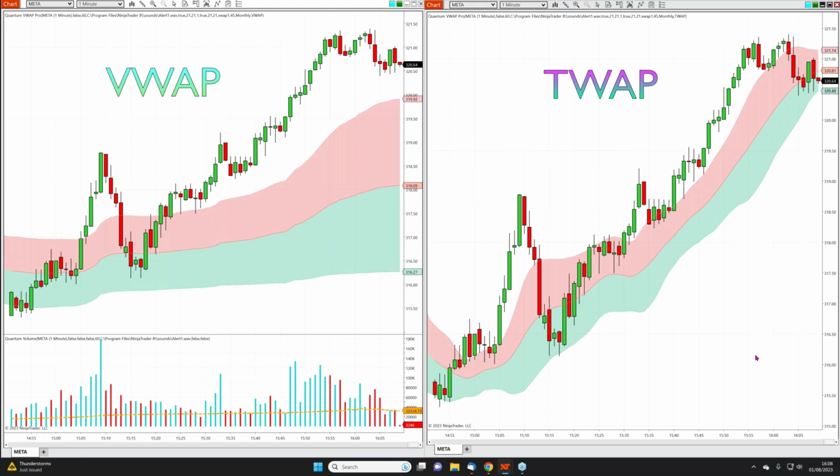What you'll notice is that on the right-hand side, the TWAP, the envelopes are much tighter in terms of how close they are to the price action. And really, that's not surprising because what we're dealing with here is price and price alone.